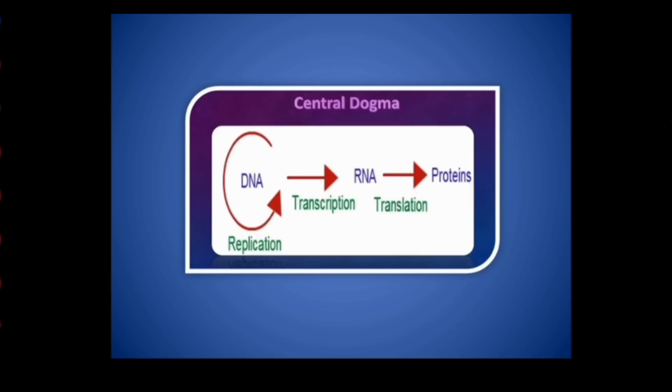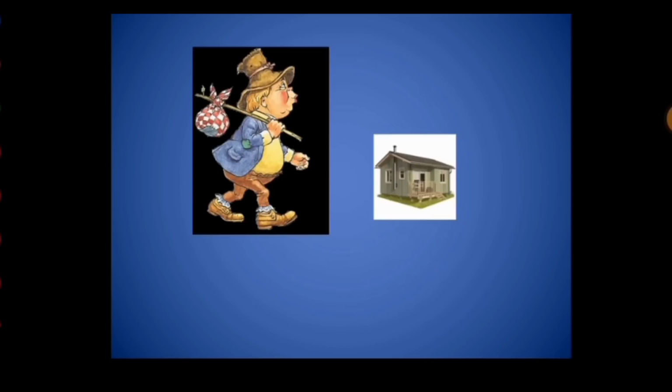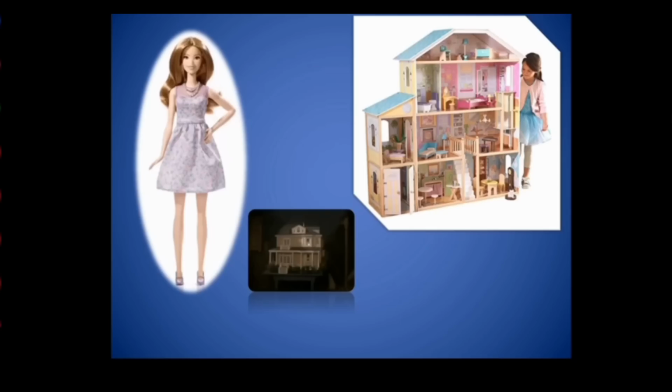It is something like this: suppose you have a house to stay in and your size is bigger than the house. Then we are not able to stay in that house, as shown in this picture, because the house is very small and cannot accommodate you.